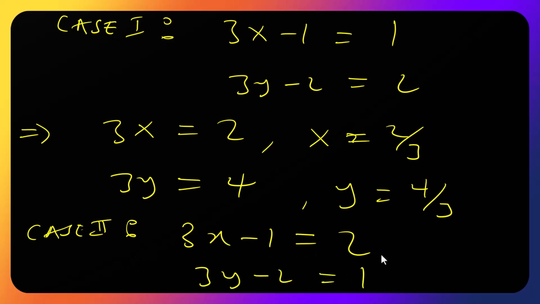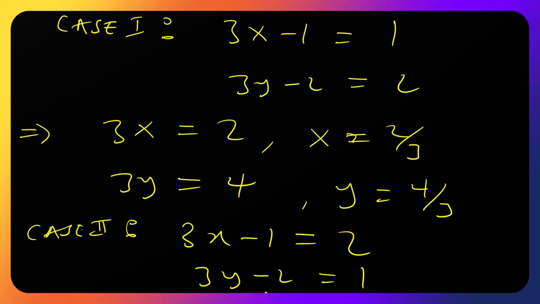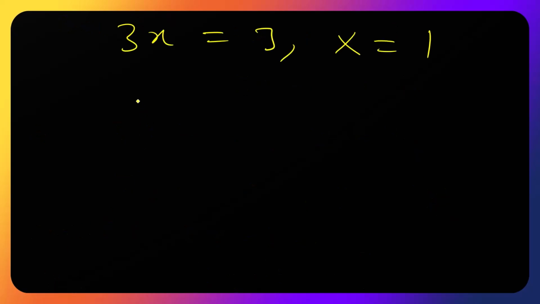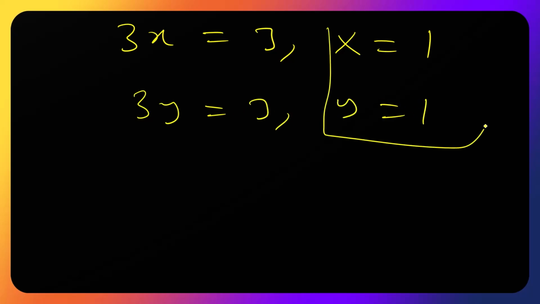So we have 3x equals to 3. Therefore, x equals to 1. And this side, 3y equals to 3, y equals to 1. So these are the solutions.